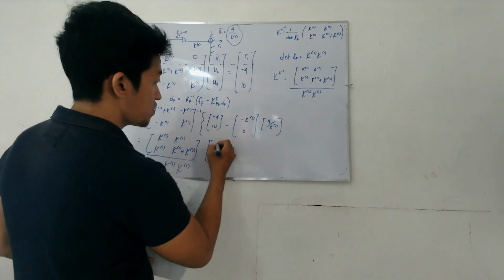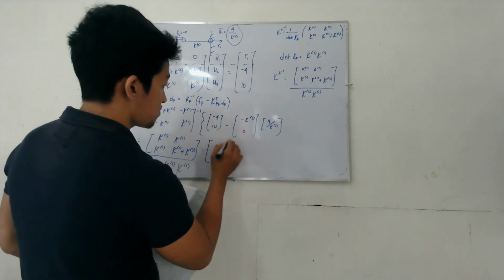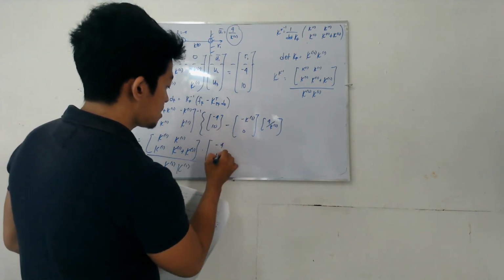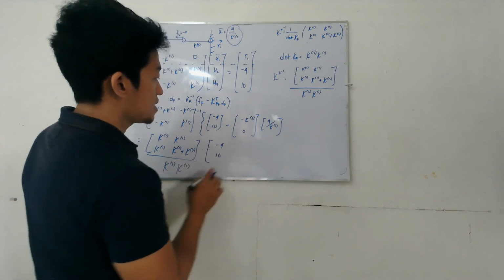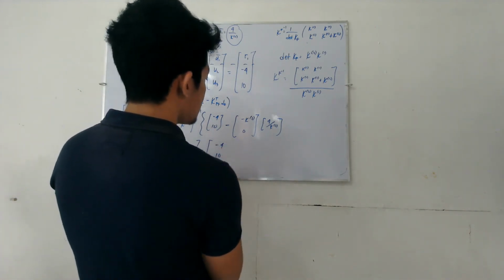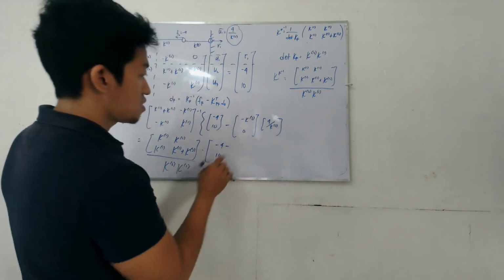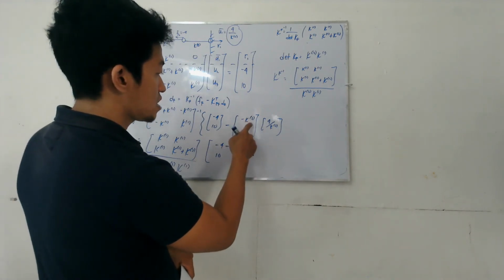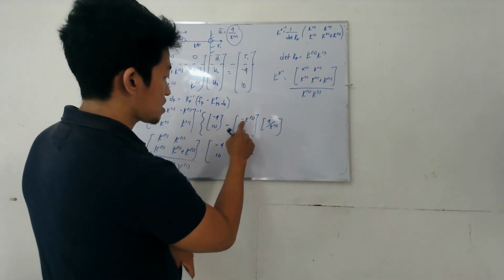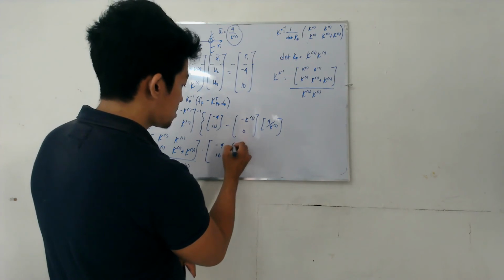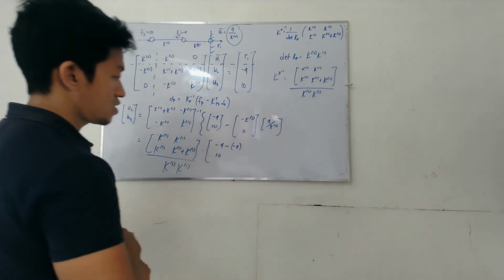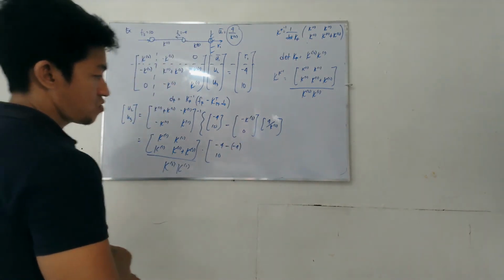No? So, negative 4 man over 10. Yeah. Makita nimo og kani negative 4 minus negative 4 is 0, no?